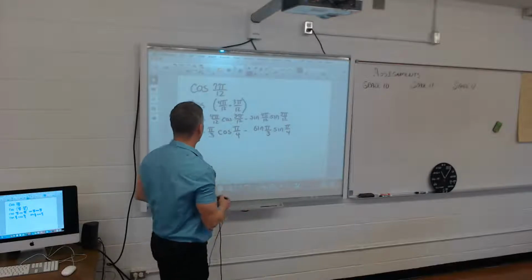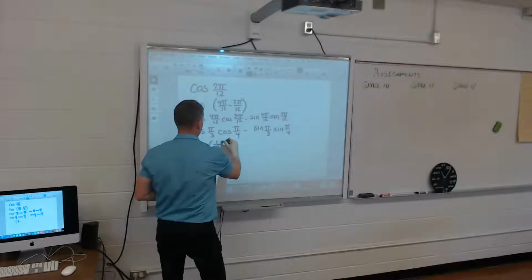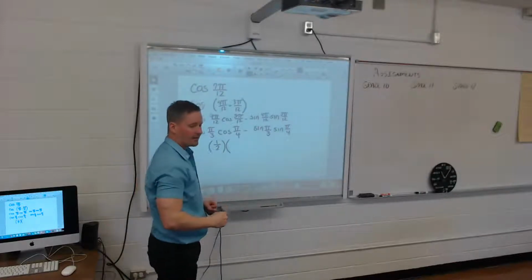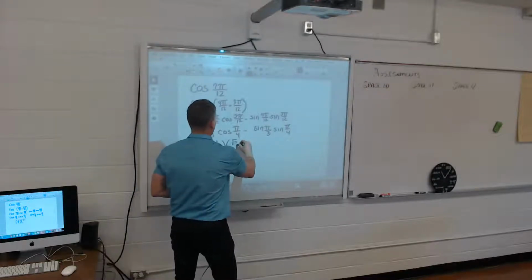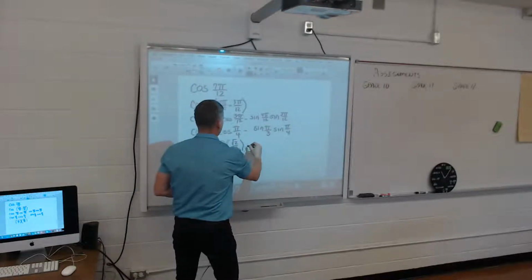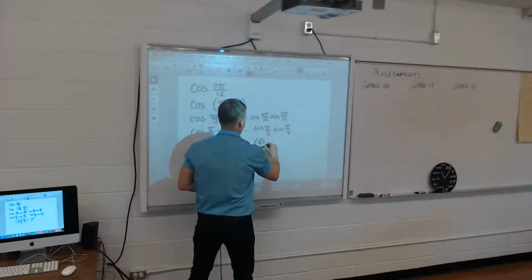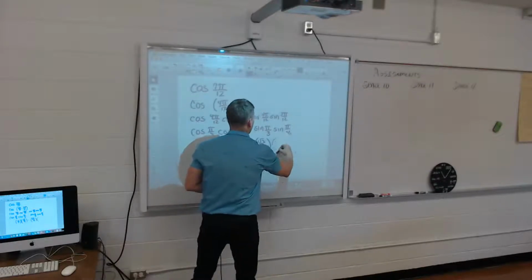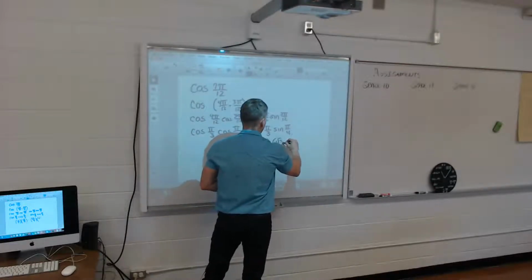So let's use those values. What's the cos of pi over 3? One half. The cos of pi over 4? Root 2 over 2. Sine of pi over 3? Root 3 over 2. And the sine of pi over 4? Root 2 over 2.